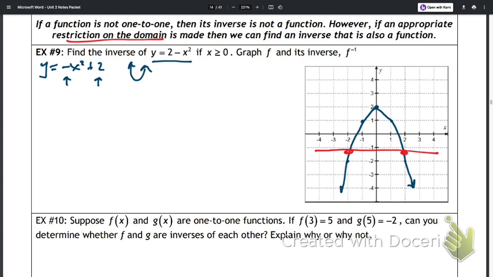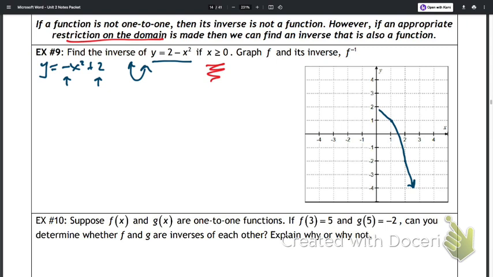So what we do to make sure that the inverse will be a function is limit the domain to x is greater than or equal to 0, meaning we're just going to look at this side of it. We're going to erase this whole side over here. And when we do that, that allows the inverse to actually be a function.